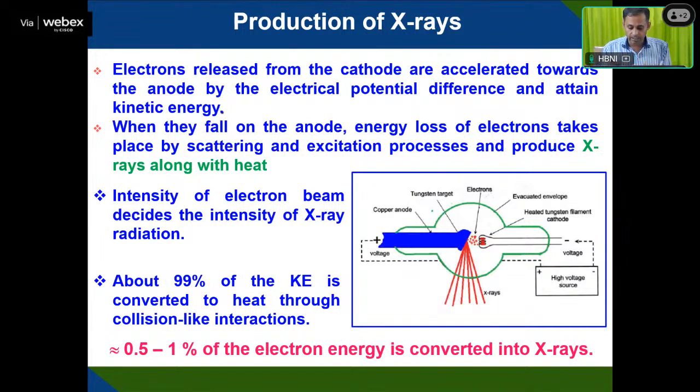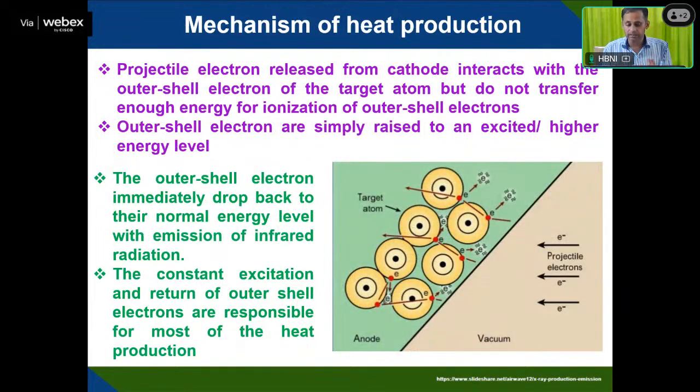Most of the energy goes into heat, and this heat is produced mainly because the projectile electron, coming close to the anode target material, interacts with the outer shell electrons of the target atoms.